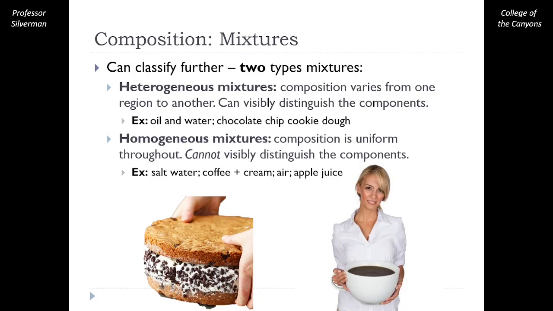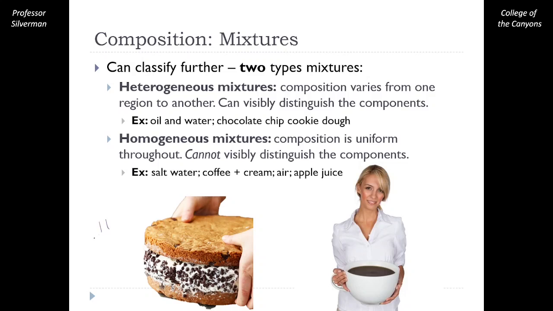We can visually distinguish between the different components of that mixture. As in, we can look at the mixture and see where one component is and where a different component is. Or another way to phrase this is that if you grab a sample of this heterogeneous mixture, it might be different than the next sample of that heterogeneous mixture that you grab.